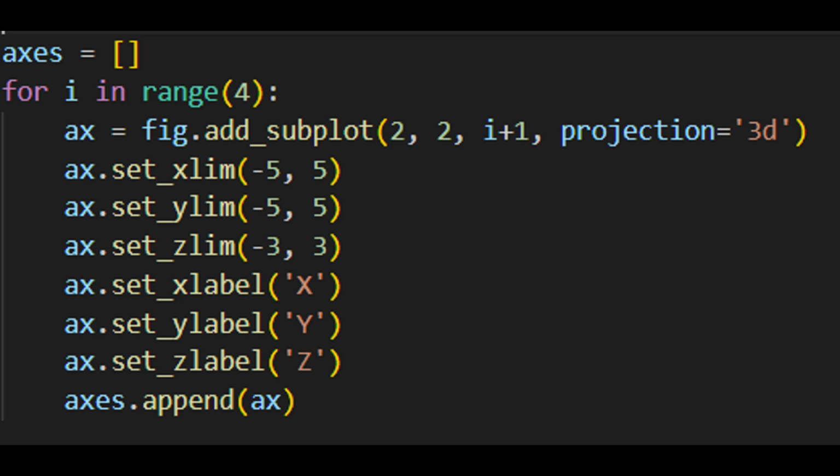The projection='3d' parameter enables 3D rendering. For each subplot, we define viewing boundaries. X and Y axes range from -5 to +5 and the Z axis from -3 to +3. We add axis labels for clarity. Finally, each subplot is stored in the axes list, allowing us to display different transformations simultaneously in our animation.